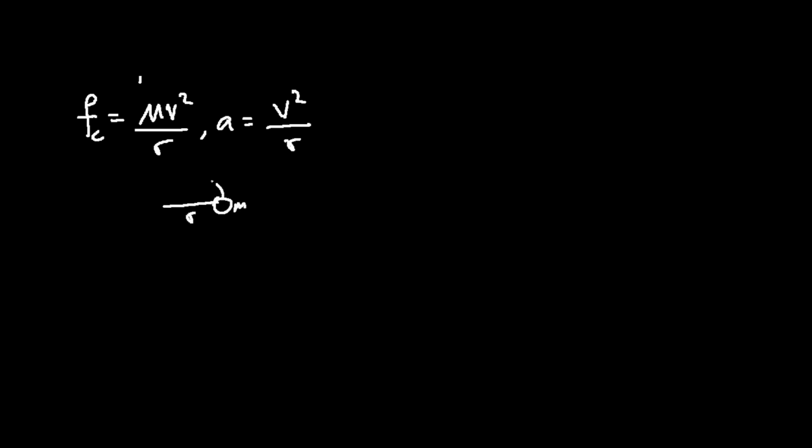You are now wheeling the stone like this. What will produce the centripetal force that will allow this stone to remain in this circular track? That centripetal force is going to be produced by the tension in the rope. Are we together now?